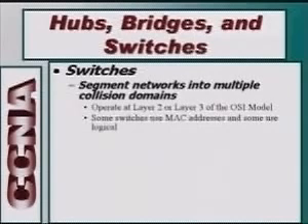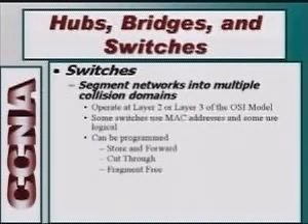And switches use that same type of decision, but switches can be further programmed. For example, you should know that switches can be programmed for store and forward, which means every packet I receive, I'm going to receive that entire packet, make sure that it's not damaged, and then I'll forward it. So switches can make those types of decisions.